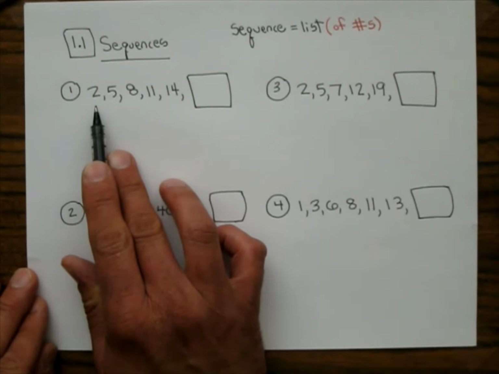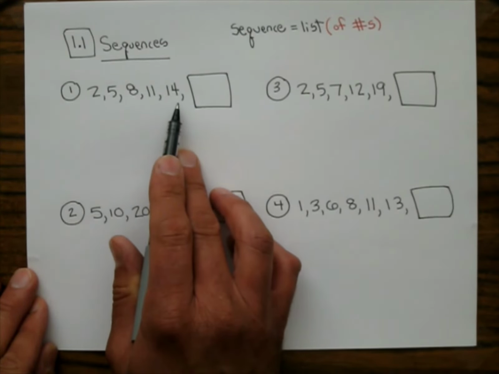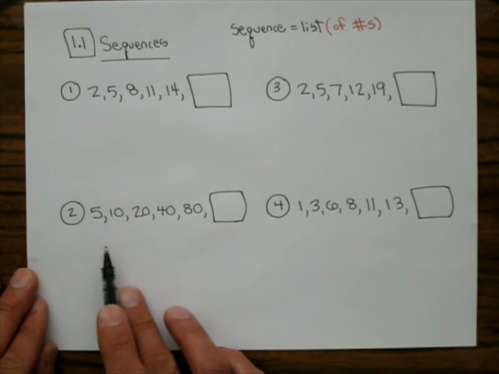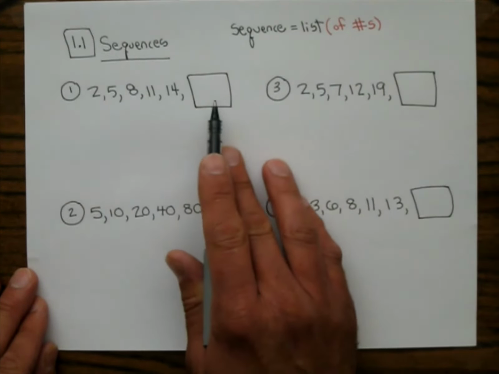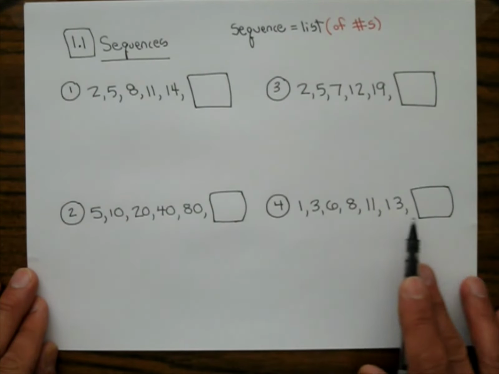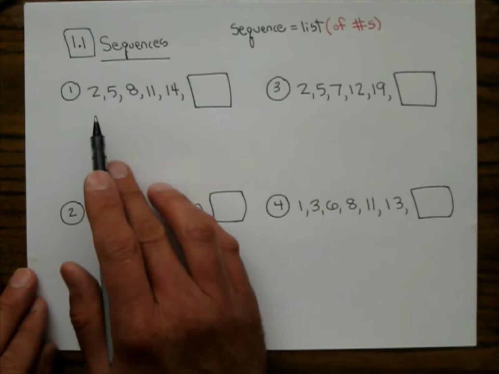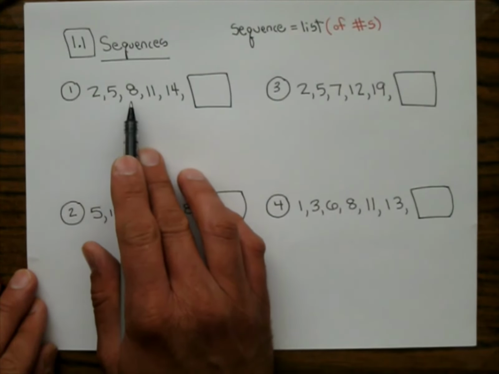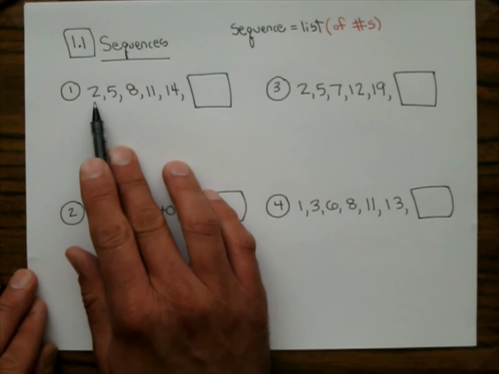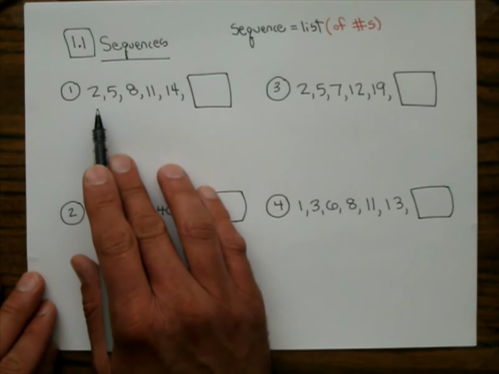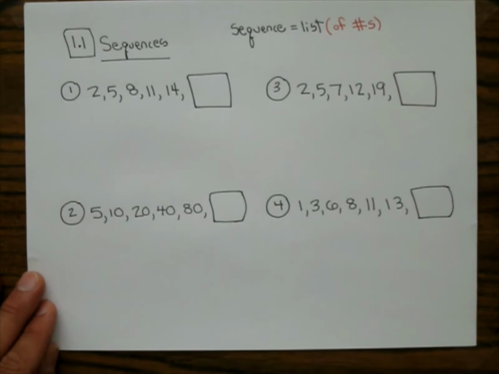We have 2, 5, 8, 11, 14. You could pause the video and try to figure out what goes in the box on all four of these problems. Let's try to find the pattern. Just pause it if you want. If not, here it goes. One common thing to do is look at the gaps between the numbers.